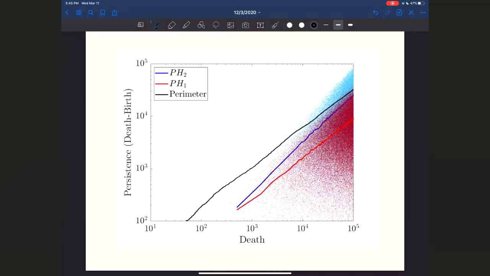So now you can see more clearly that pH1 has death minus birth on average smaller than pH2. By the way, this is the average of 10 runs of 100,000 simulations of the Eden model. Okay, so are there any questions so far?